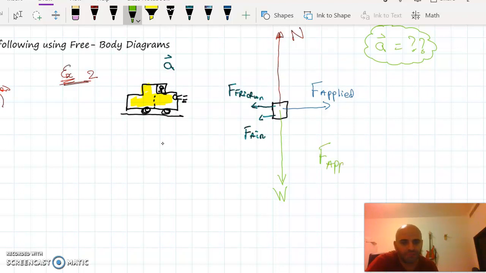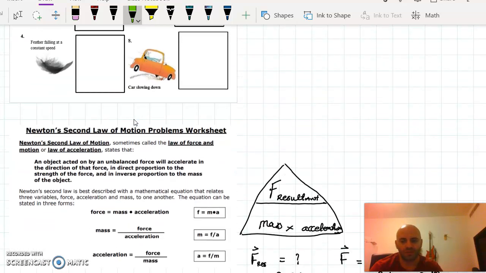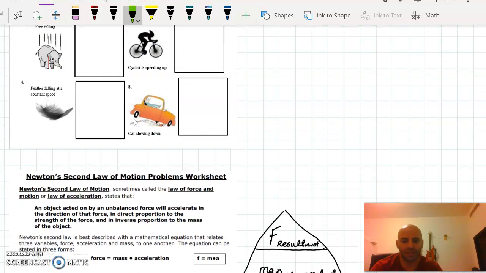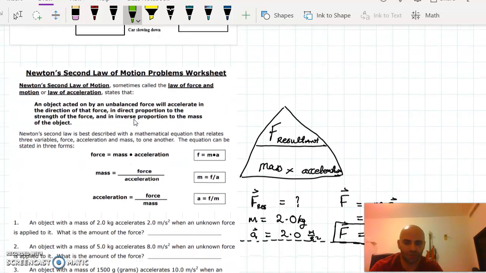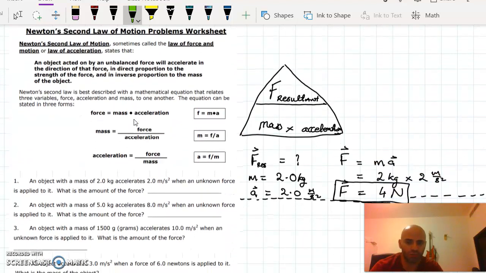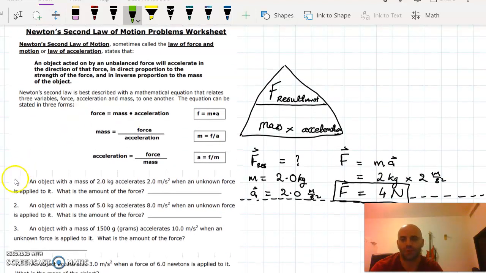Force applied is greater than the sum of the force of friction and the force of air resistance, because it's accelerating to the right, which means it's going to start to speed up. Okay, so give those examples a shot, and don't forget to do your Newton's second law worksheet problems there as well. Okay, thank you.